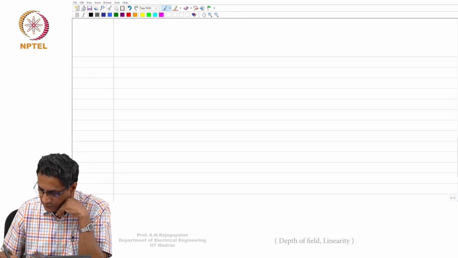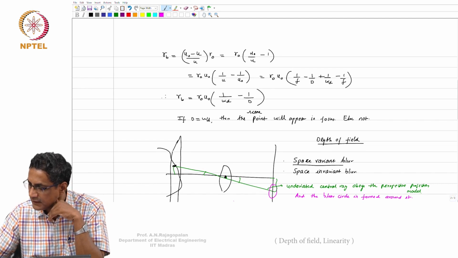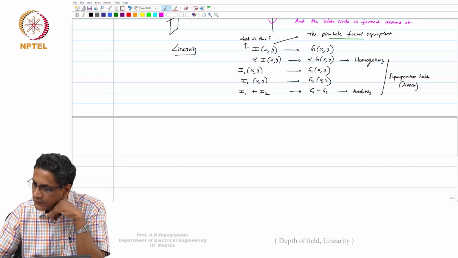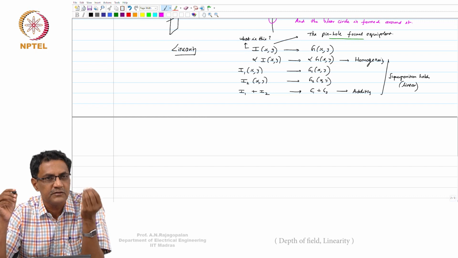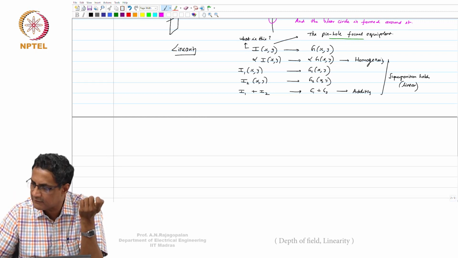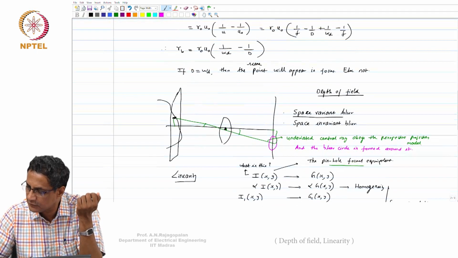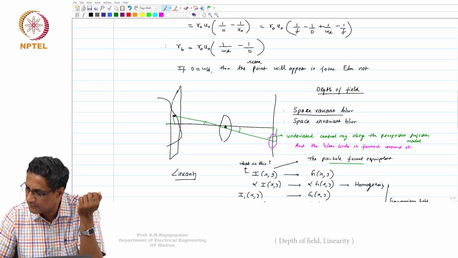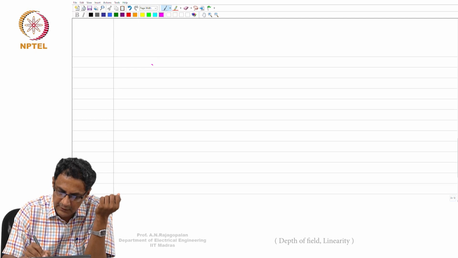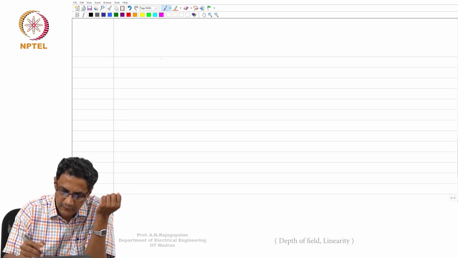Prior to going to the shift invariance, I haven't even talked about linearity. I'm not finished with linearity yet. So as you can see, the linearity principle. Suppose you assume that I have one point light source.